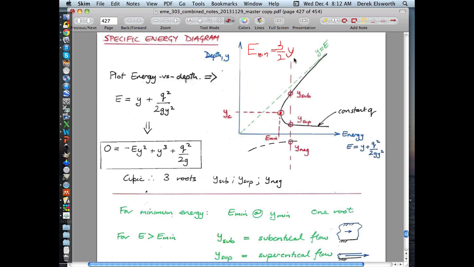It's quite an important expression, that's why I'm belaboring it. So this point here is also where the Froude number is equal to 1.